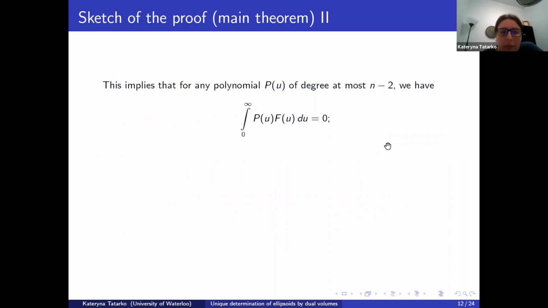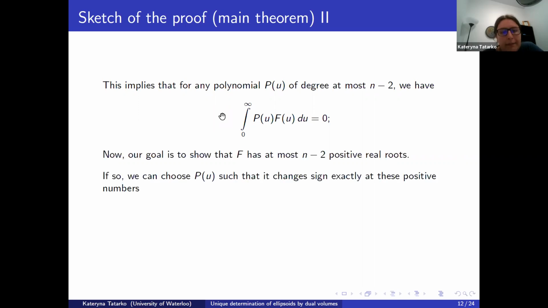So the previous n-1 conditions imply that for any polynomial of degree at most n-2, we have the following equality. Okay, so how can we analyze it? If we show that the function F capital has at most n-2 positive real roots, then we can choose this polynomial in such a way that it changes sign exactly at these numbers.